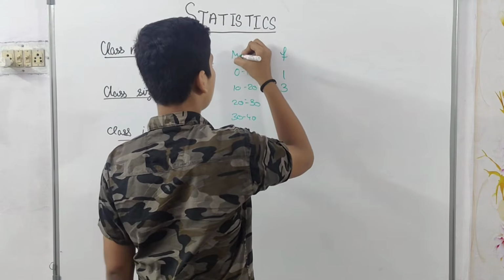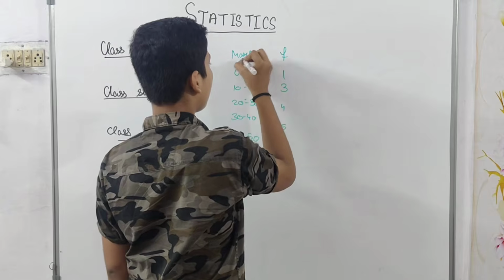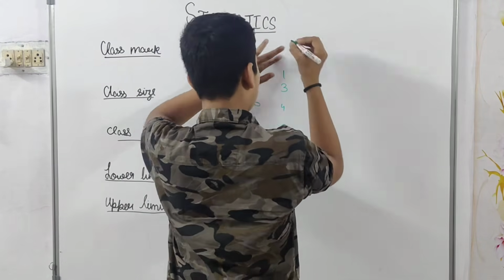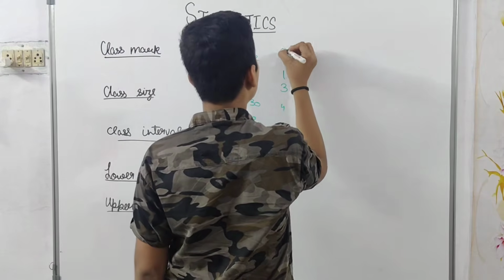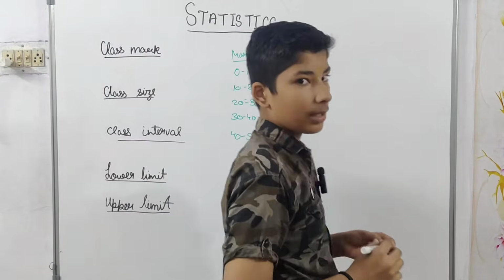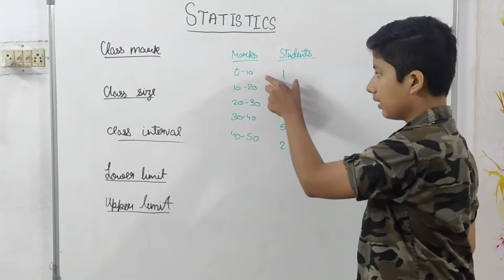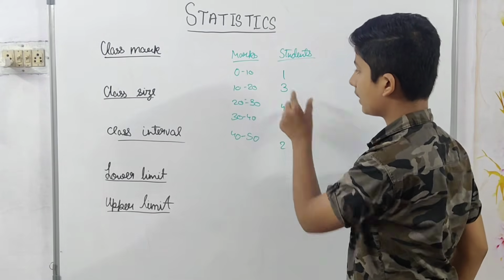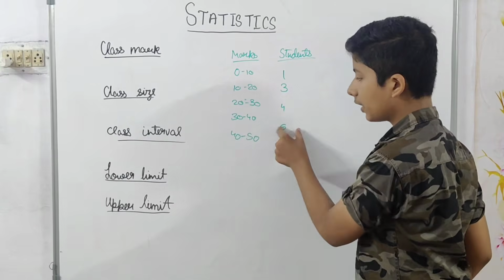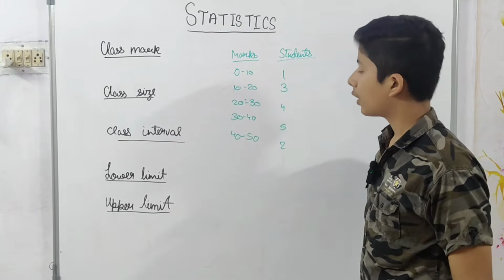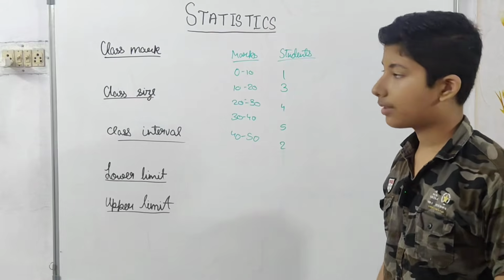Marks out of 50, and the number of students who have got these marks. Okay, so in 0 to 10 there is 1 student, in 10 to 20 there are 3 students, in 20 to 30, 4 students, in 30 to 40, 5 students, and in 40 to 50 only 2 students.